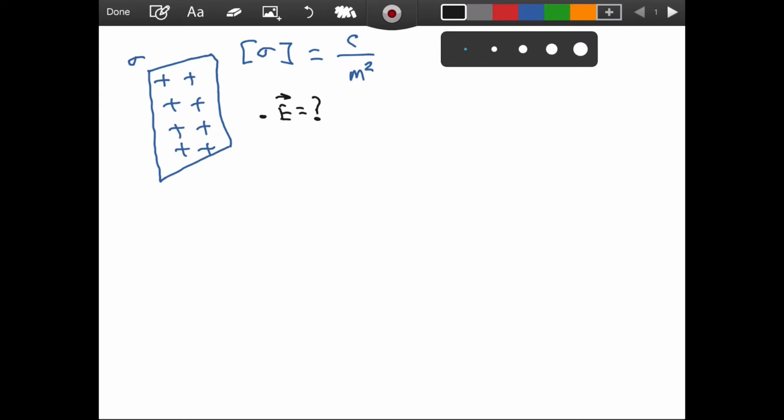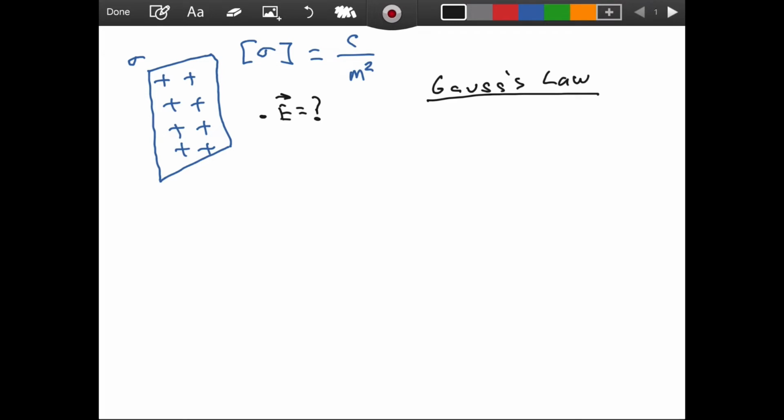And to do that, as I said at the beginning, we will use Gauss's law, which I derived for the special case of a sphere. And I hope to make the proof for the general case in a future video.